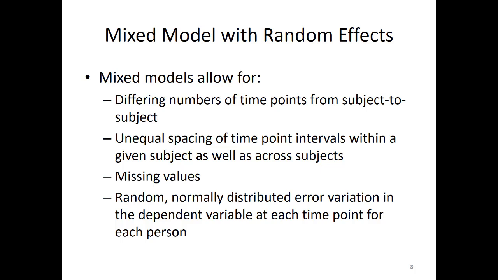The time points at which the measurements are taken can be unequal across subjects as well as within subjects. Unlike the repeated measures ANOVA approach, mixed models will allow you to accommodate missing values. And finally, the error terms are customized for each data point within each individual.